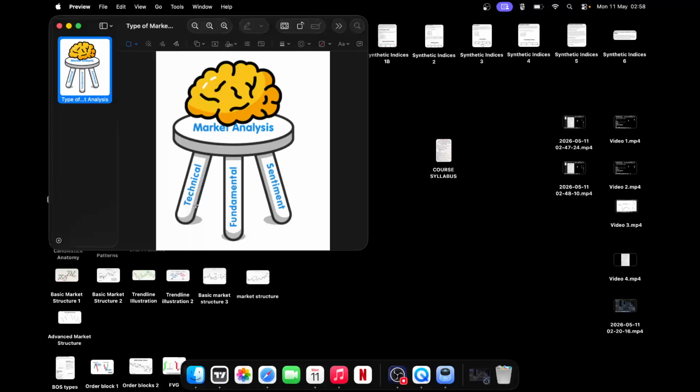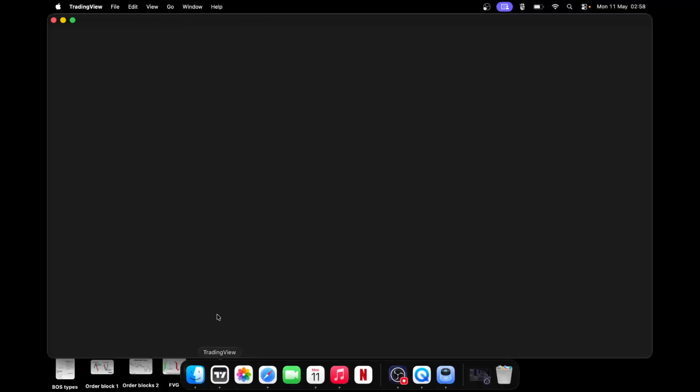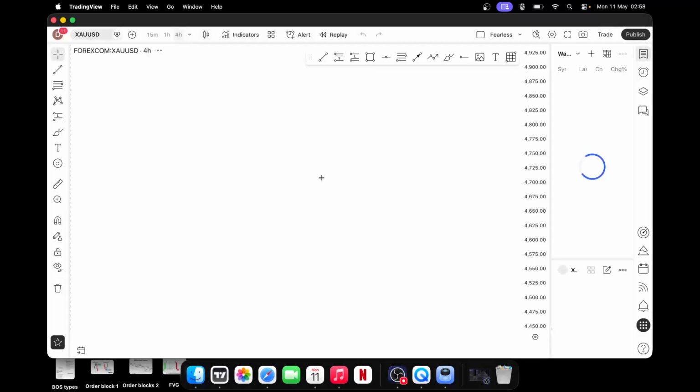But how will you be able to know that in the past, the price of this particular coin or currency did this and that? It is because they are represented in form of candlesticks on a particular app called Trading View. So you can see this is Trading View.